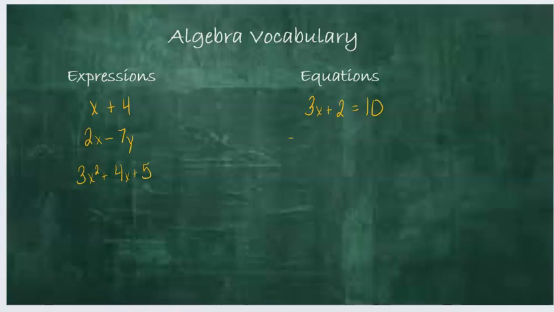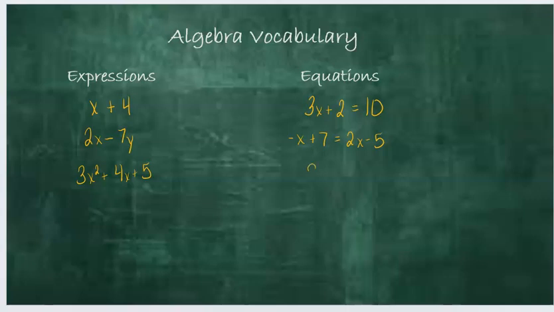I may also have something like -x plus 7 equals 2x minus 5. In this case, I have an expression on both sides of my equal sign. But because I have expressions on both sides of the equal sign, that is an equation.